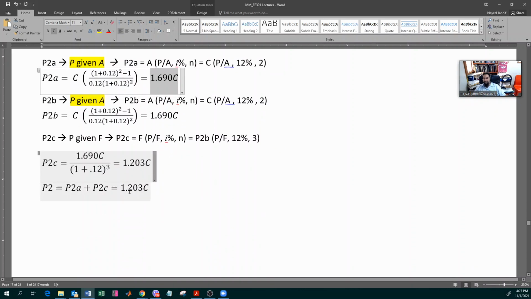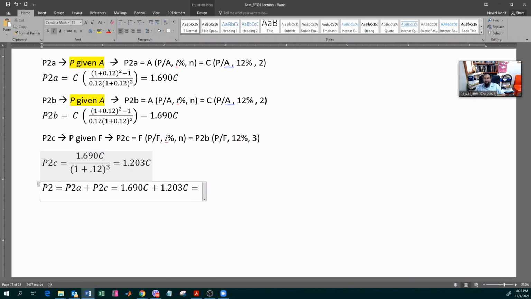Or is it 609? 690. Right. Okay. And what do we get? I hope all our calculations are correct. I'm not checking your answers. I'm just trusting whenever some 5 or 6 people have the same answer, I know that it must be correct. Okay. All right, 2.893C. That's our P2.